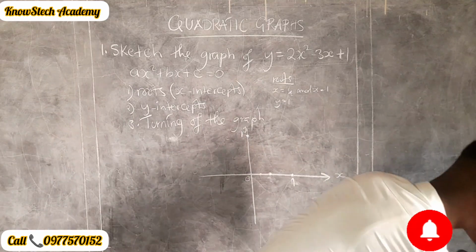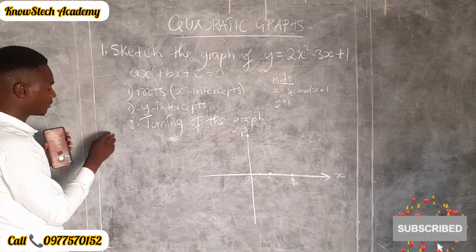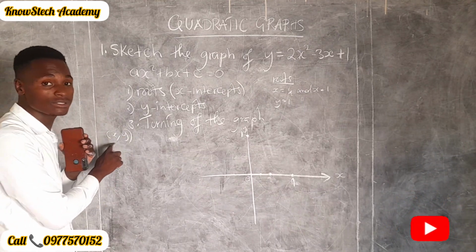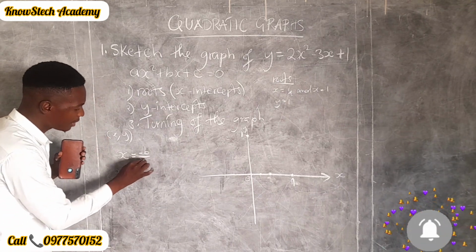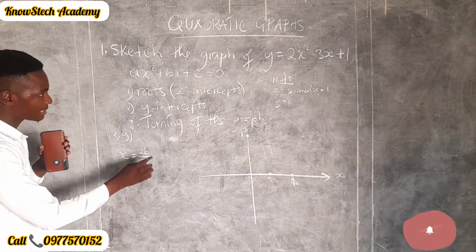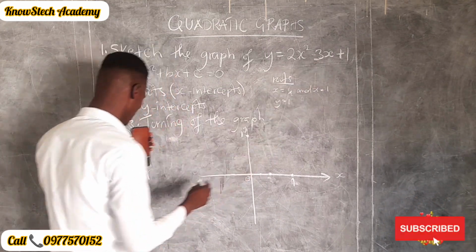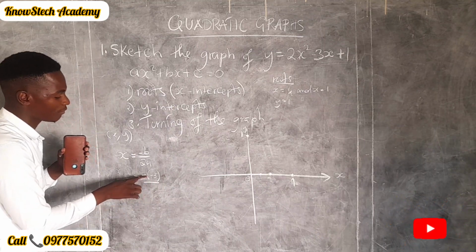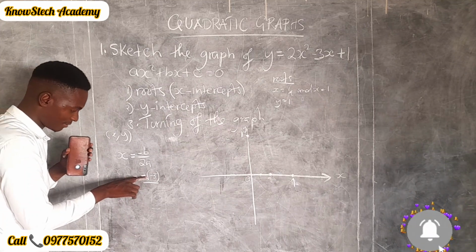Okay, turning point. Finding the turning point of the graph, we need the turning point in the form of x, y. So to find the x coordinate of a turning point, we need to use this formula. x is equal to negative b over 2a. What is the value of b in the question? It is negative 3. So substitute with negative 3 here. Don't make the mistake of just putting 3 because there's already a negative. No. This is negative on the formula.